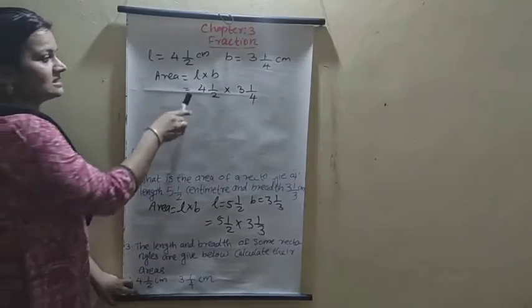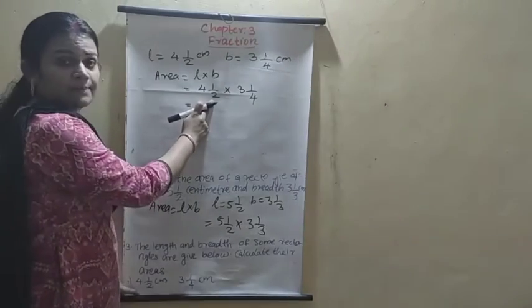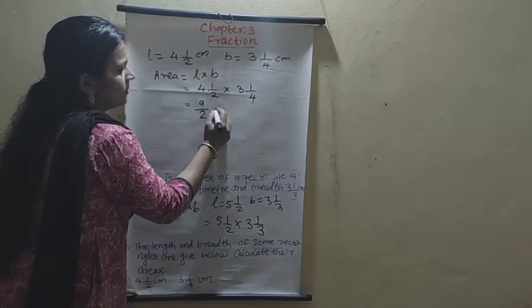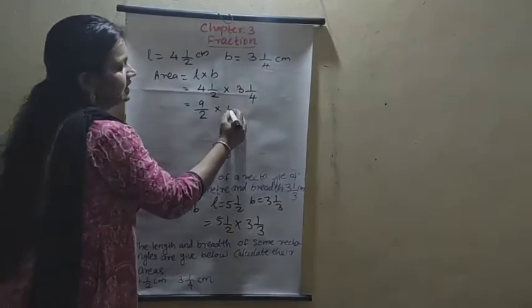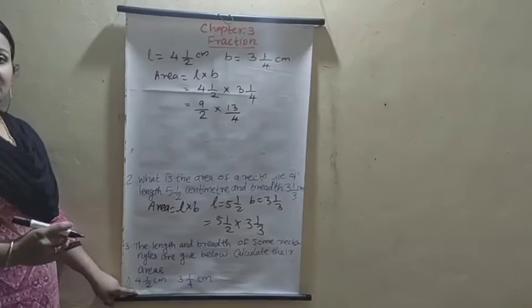Then we convert the mixed fraction into the improper fraction. 4 2s are 8, 8 plus 1 is 9. Write the same denominator. 3 4s are 12, 12 plus 1 is 13, so 13 by 4.